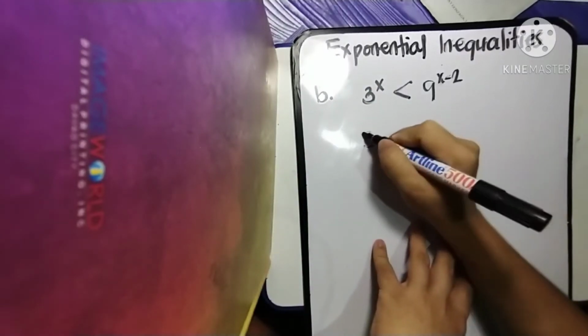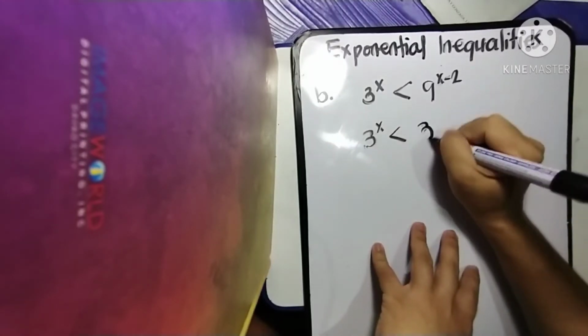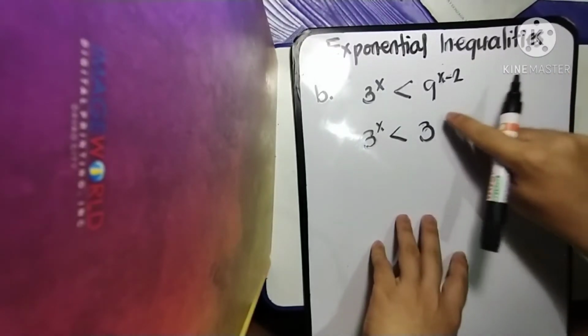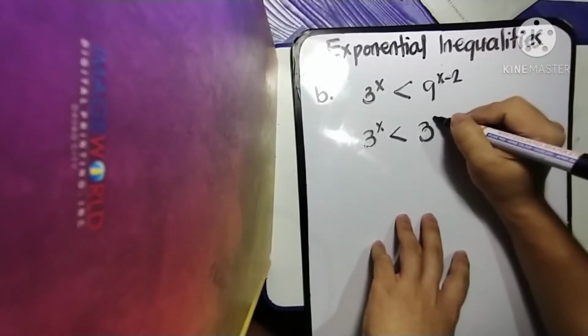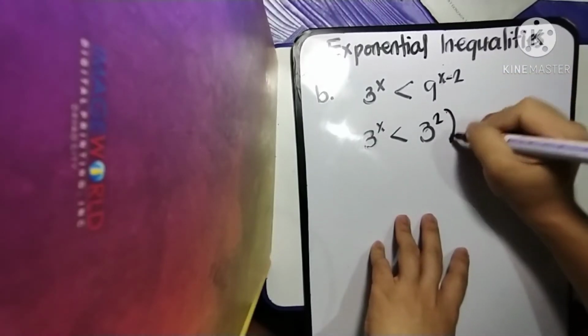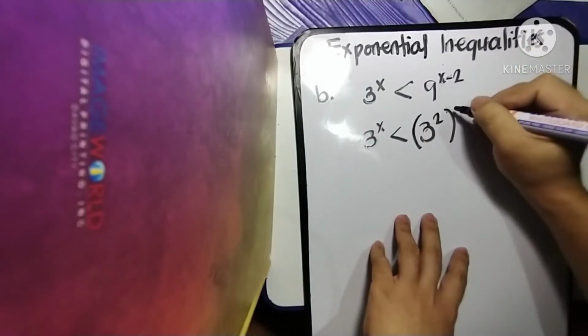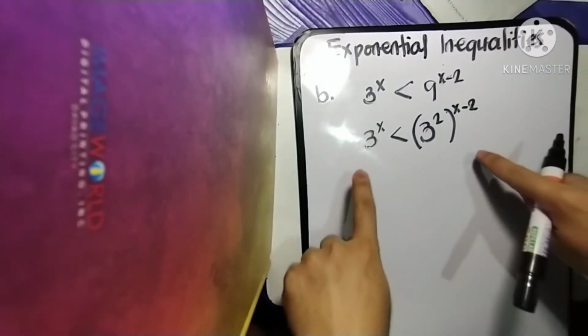So, we have 3 to the power of x is less than 3. So, what exponent of 3 becomes 9? So, we have 3 to the power of 2, to the power of, don't forget the exponent, x minus 2.